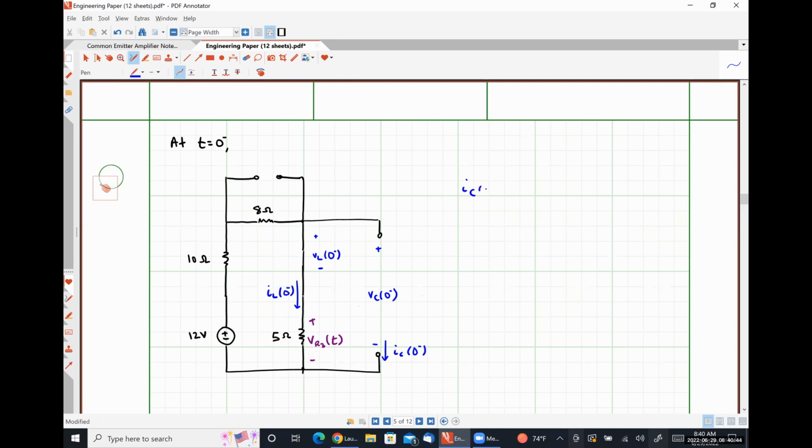IC at 0 minus has to be 0 amps because it's the current flowing through an open circuit. And VL at 0 minus has to be 0 volts because it's the voltage drop over a short circuit.